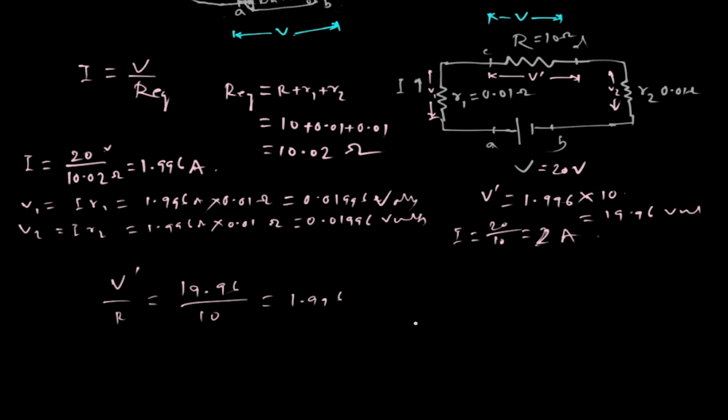This is the current. And V1 divided by R1 is equal to I, the same, that is equal to V2 by R2.